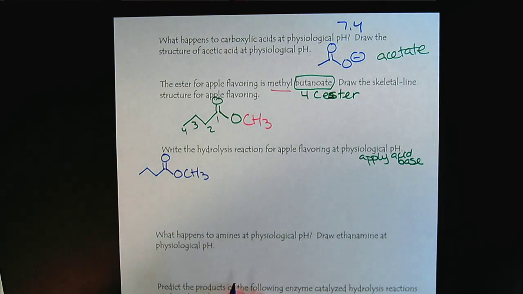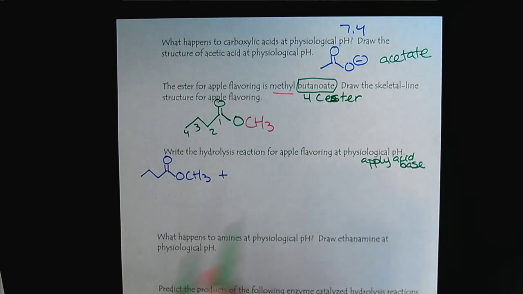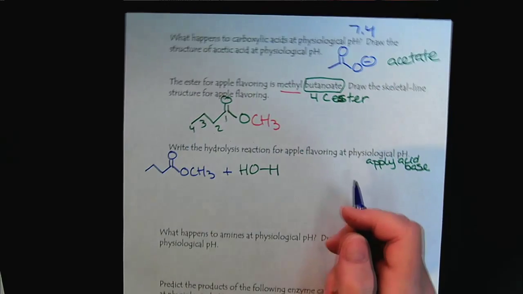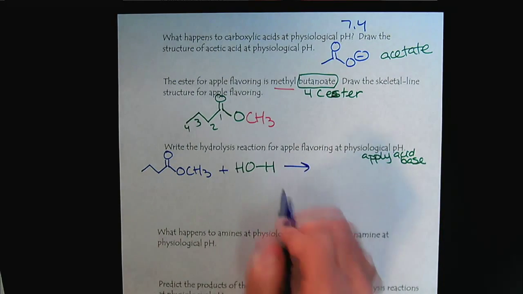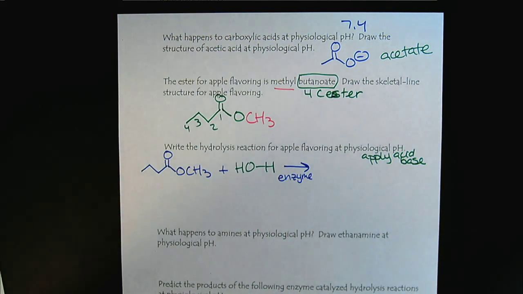Now let's look at the hydrolysis reaction of this apple flavoring. We're going to bring in hydrolysis, so we know we need to have water present. And we're gearing up for biochemistry, so we'll just assume we have an enzyme, a catalyst, to help us out.